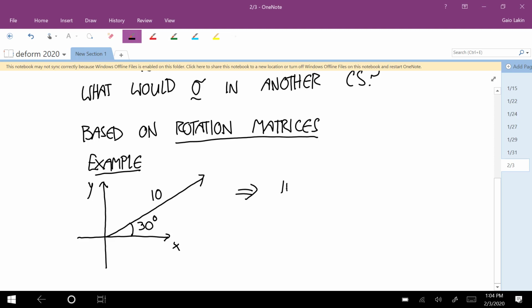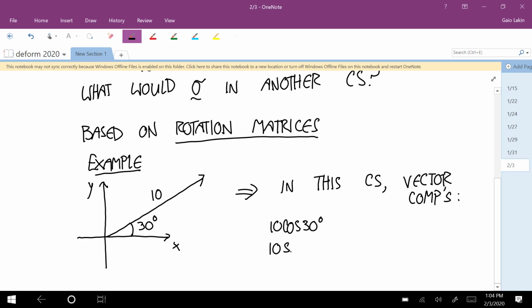And so in this coordinate system, that vector, you know, the components are 10 times cosine of 30, 10 times sine of 30. And so that's 8.665.